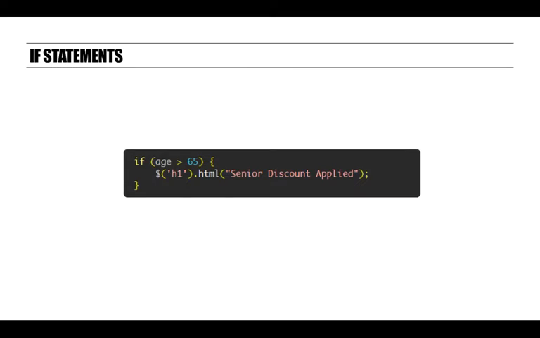Okay. So here, what we're saying is what? If they're 65, give them a senior discount. Exactly. So like if they're 65 or older, we're going to give them a senior discount.